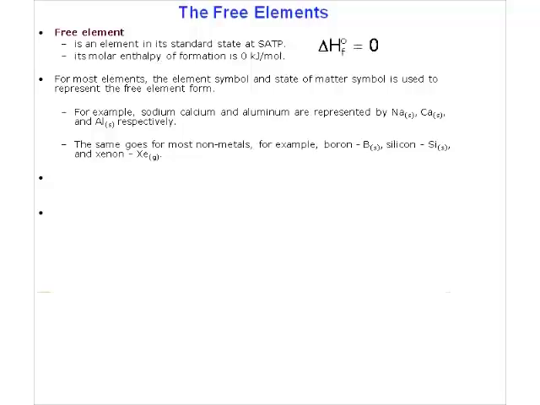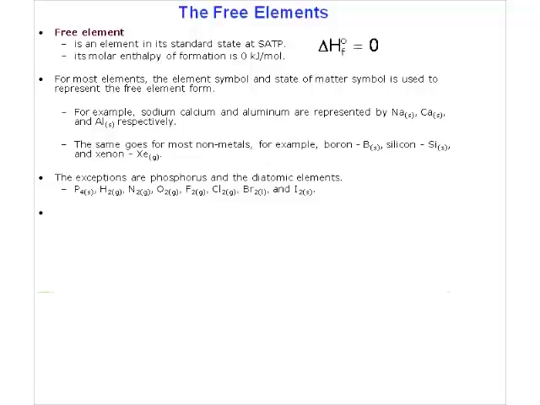Fluorine, chlorine, they're going to be gases. Okay, and here's a few exceptions. Phosphorus is a solid, hydrogen gas, nitrogen gas, oxygen, fluorine, chlorine, bromine. The only exception for the metals is going to be mercury. All right, so I'm going to write exception here. Mercury is going to be a liquid at room temperature.